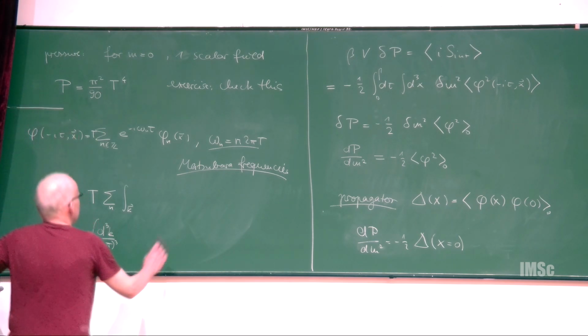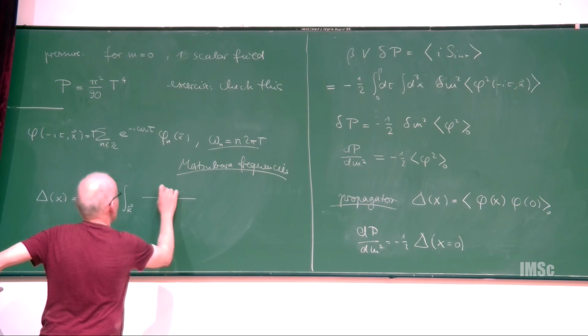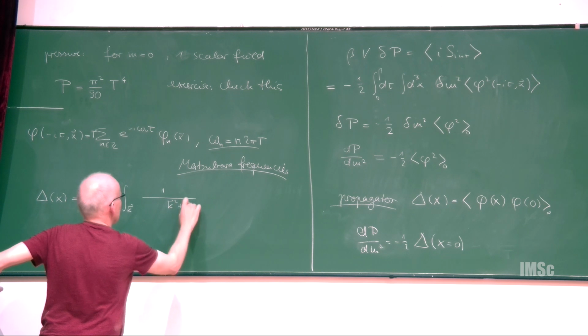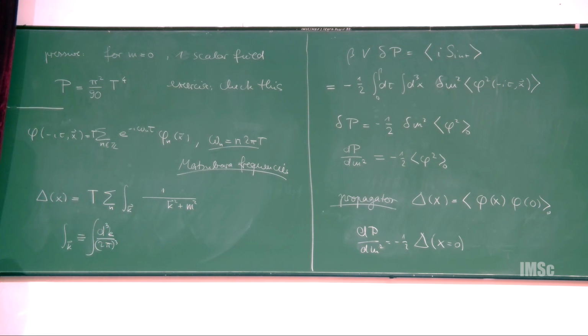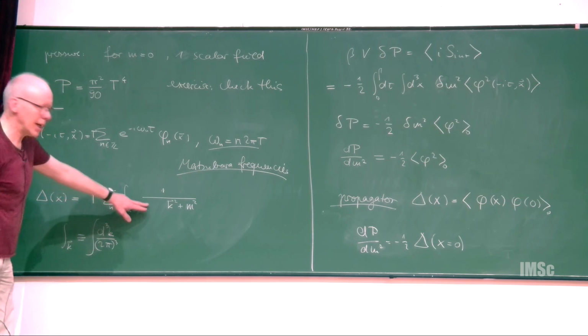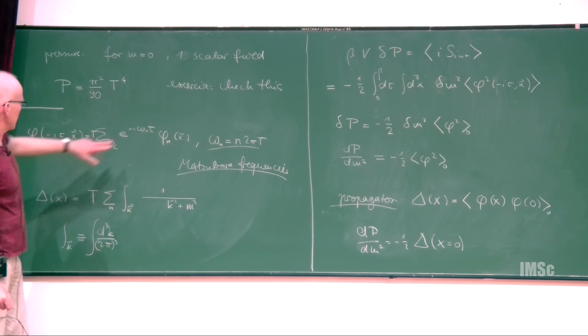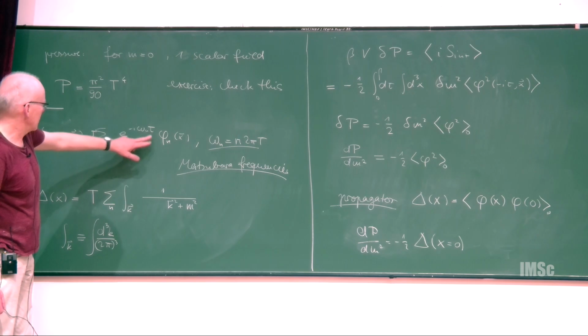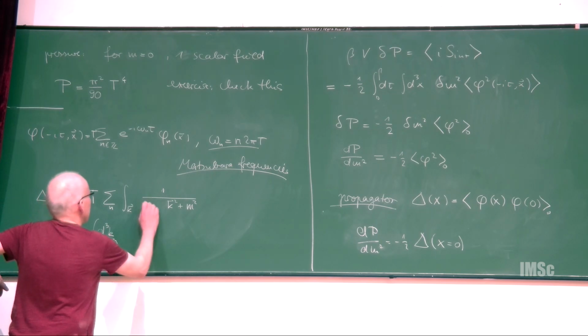And then the propagator looks just as usual. It is 1 over the spatial momentum squared plus the mass squared, and then here comes the frequency. Now the frequency is imaginary, because if you write this in terms of imaginary time, you can think of this as imaginary frequency, so you have here plus omega n squared.